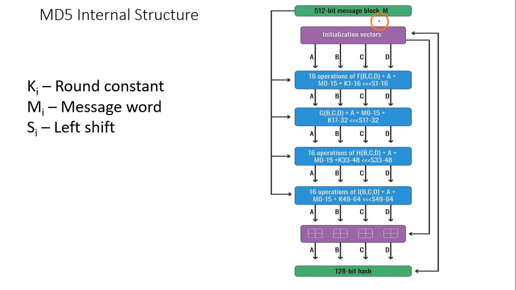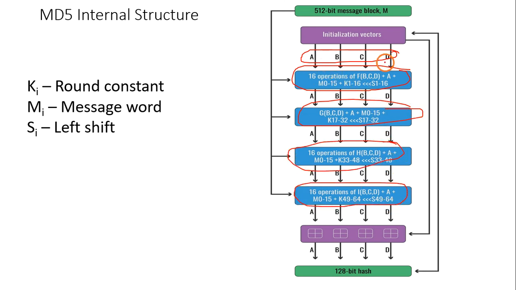The algorithm begins with taking the message M and then initializing four vectors A, B, C, and D. They have some initial values which are given by the developers. So they are fixed values initially, and these A, B, C, D are going as input to the rounds: round one, round two, round three, round four.